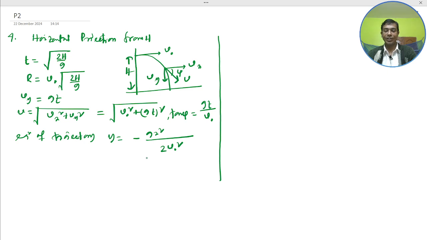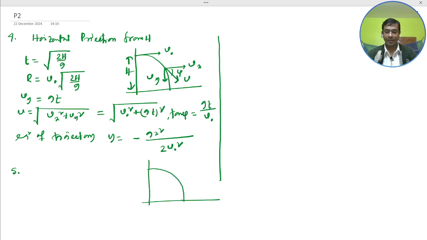The first case is projectile at an angle theta, horizontal. Second case is horizontal projection from height h, and now let us go ahead to our third case, the projection from height h at an angle theta below horizon. So the below horizon case, so this is the projectile. Suppose I just draw here for your better understanding.